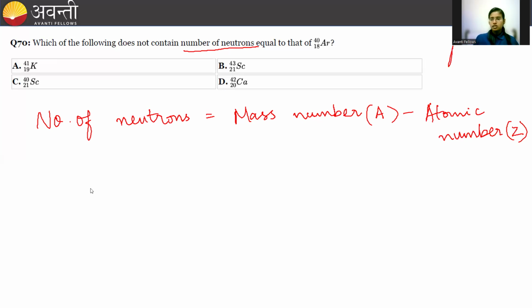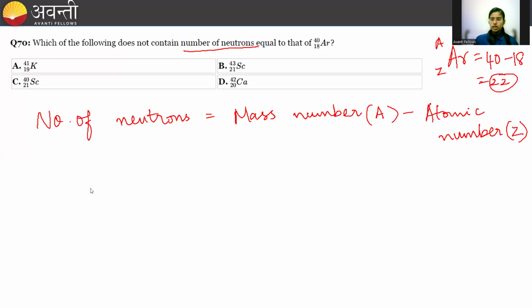And for argon, the atomic number is 18 and the mass number is 40. So if I calculate the number of neutrons for argon, it is 40 minus 18. It will be equal to 22 neutrons.